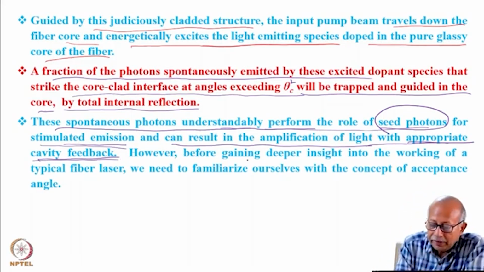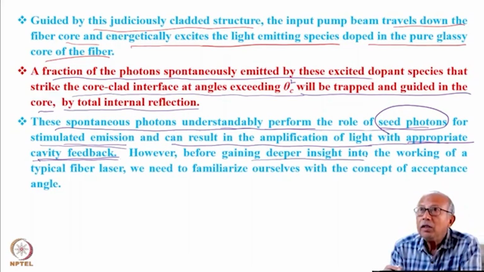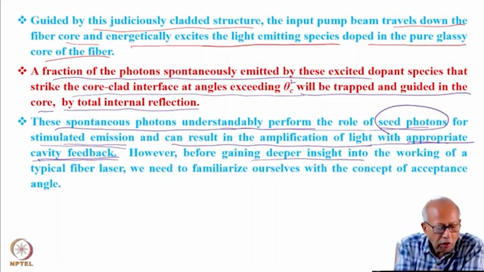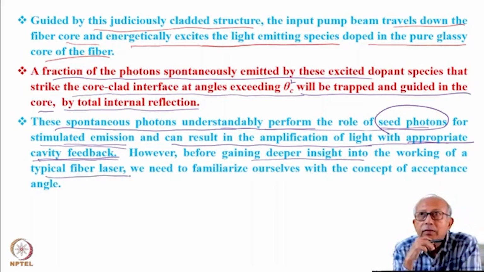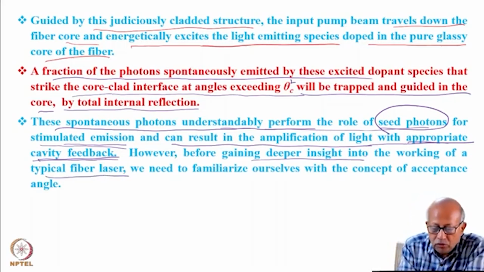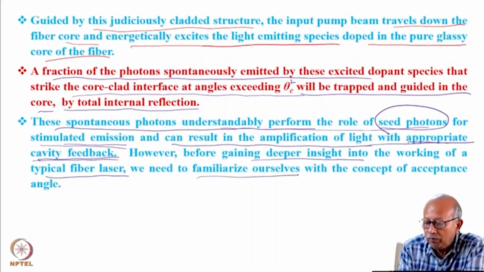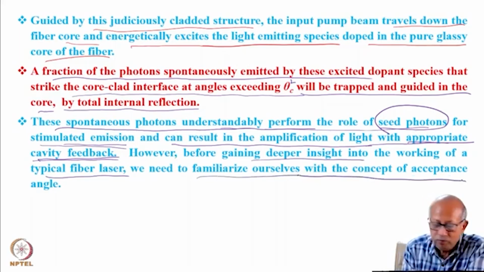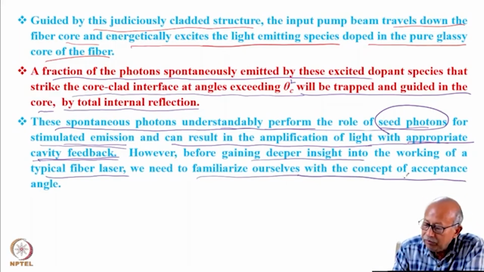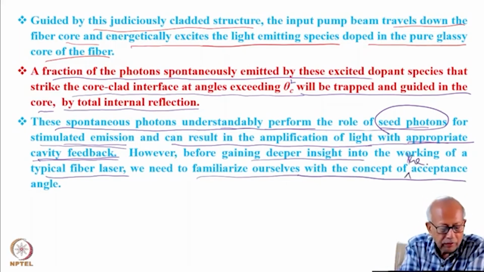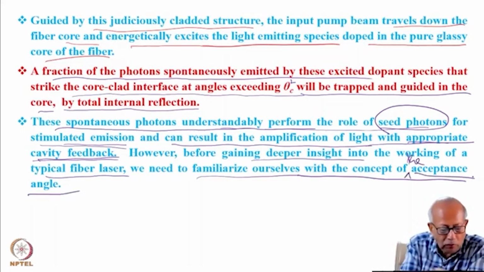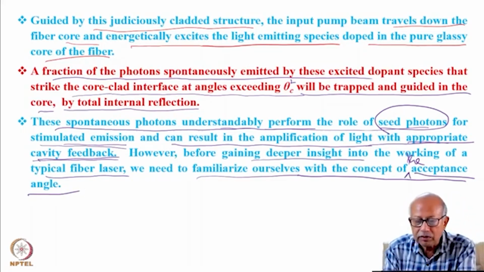However, before gaining deeper insight into the working of a typical fiber laser, we need to familiarize ourselves with the concept of the acceptance cone. Let us see what is the acceptance cone.